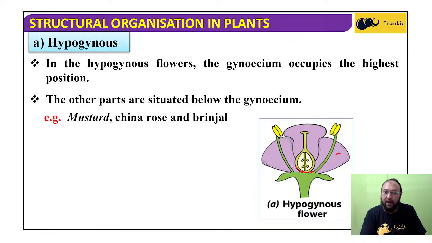The stamens are below, and the calyx and petals are also below the ovary. So this is called a hypogynous flower, and the ovary is called a superior ovary.